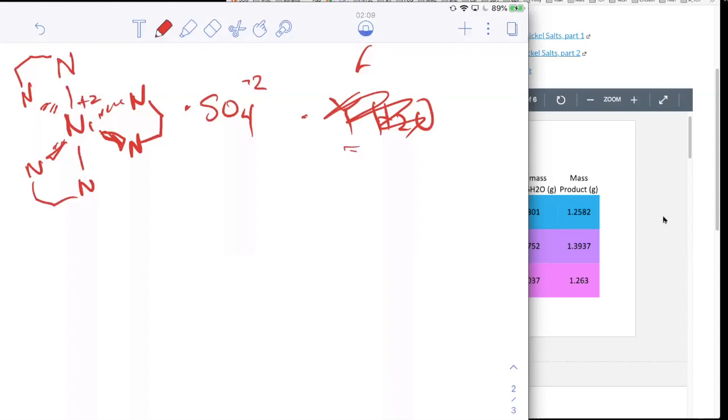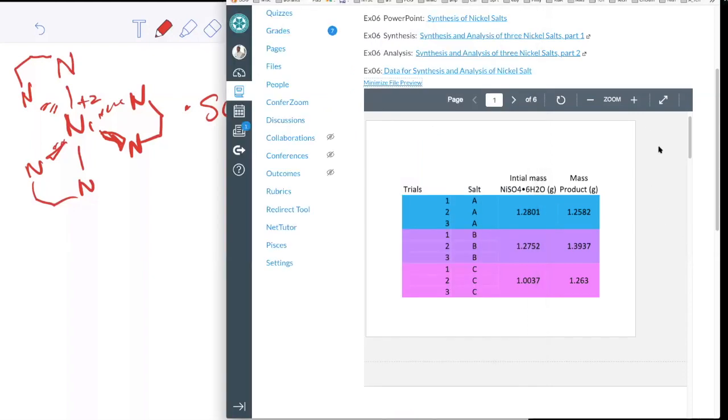So let's take a look at the data again, because I want to make sure that you understand. So that's what these values are. These are the synthesis. For salt B, in that procedure, you didn't use 1.2801, you used 1.2752. And for salt C, we used 1.0037. And this column represents the mass of the product.